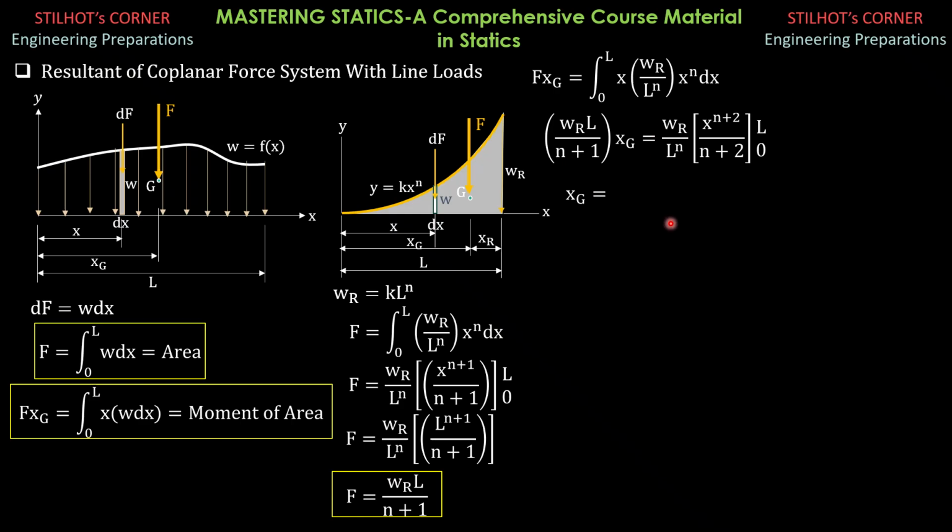So xg equals n plus 1 times L to the n plus 2 over n plus 2 times L to the n times L, which is L to the n plus 1. Again, L to the n plus 2 divided by L to the n plus 1 is L. Therefore, xg is n plus 1 over n plus 2 times L.